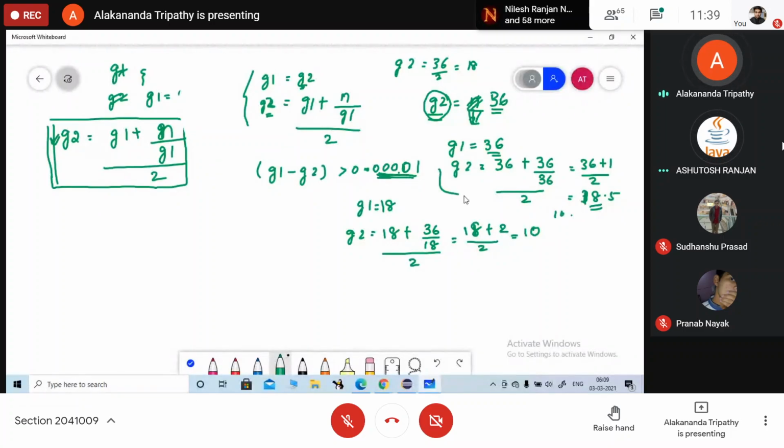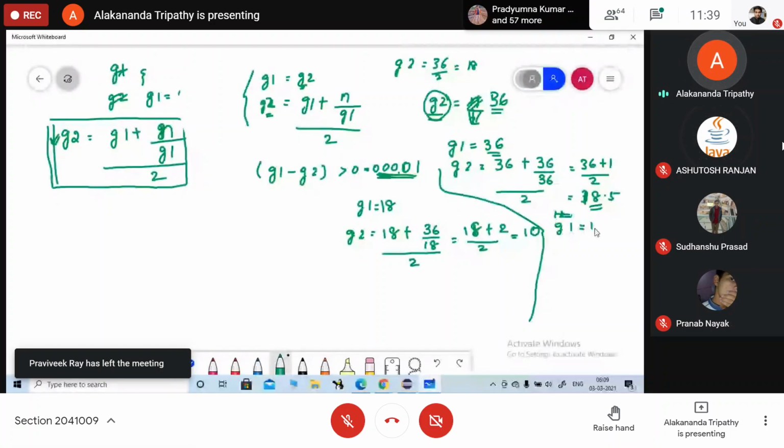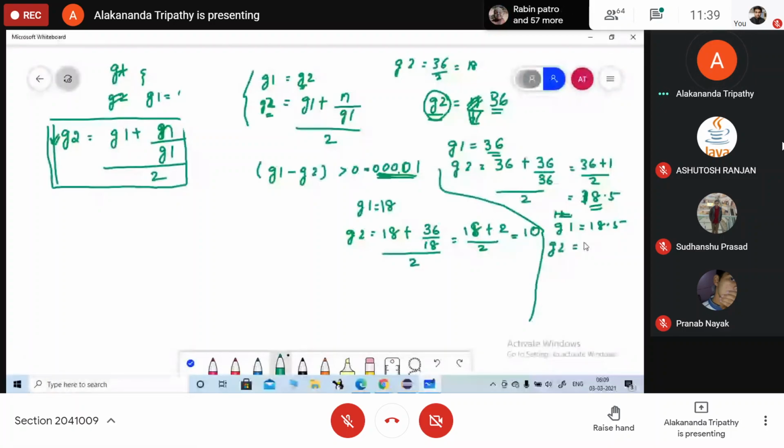समझे कि नहीं समझे? देखो यहाँ पर, ये G2 हो गया। फिर नेक्स्ट टाइम जब G1 अभी मेरा कितना हो गया? 18.5। अब मेरा G2 का वैल्यू कितना हो गया? 18.5 प्लस 36 डिवाइडेड बाई 18.5 होल डिवाइडेड बाई 2। कितना आंसर आएगा बताओ तो?